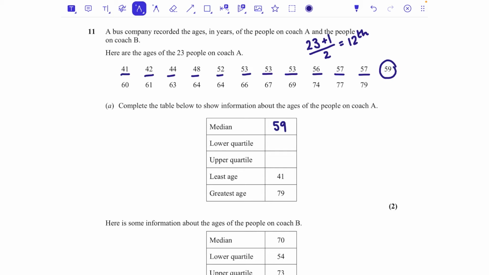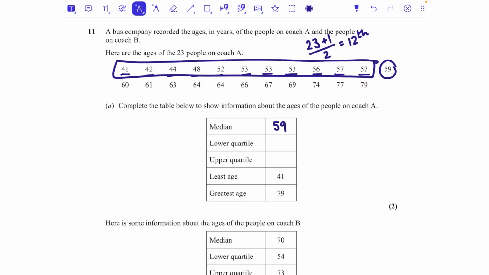The lower quartile needs to be a quarter of the way through the data. So you've got now 11 pieces of data below and 11 pieces of data above, and we need to go in the middle of that. So 11, add 1, divided by 2 is 12 divided by 2, which is going to be the 6th. So 1, 2, 3, 4, 5, 6 is 53.